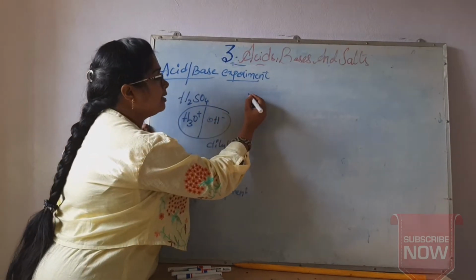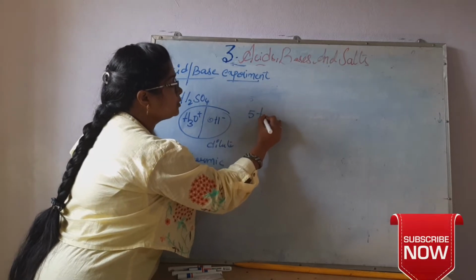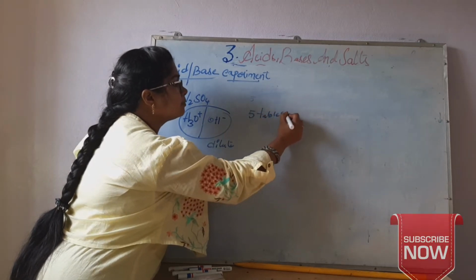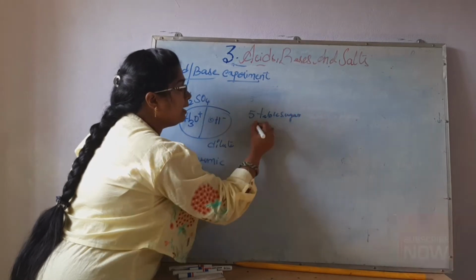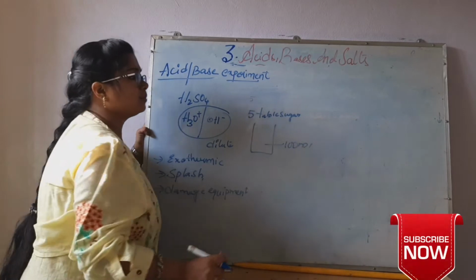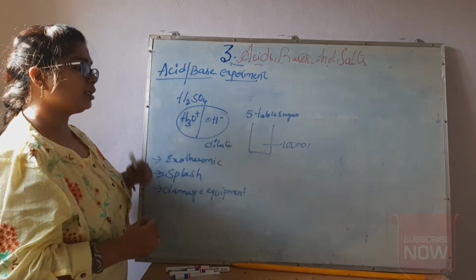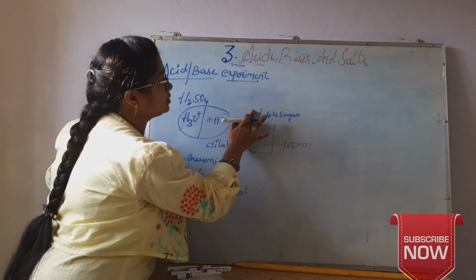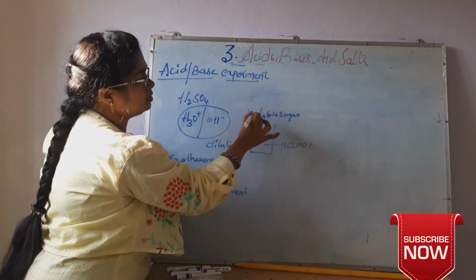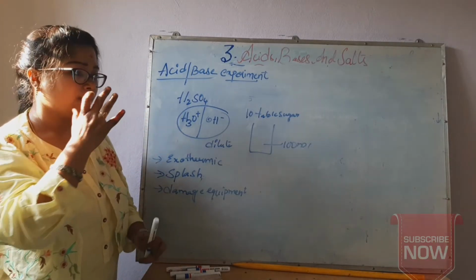See, I add 10 tablespoons of sugar in 100 ml of water. Okay, it will be somewhat thick sugar solution, isn't it?